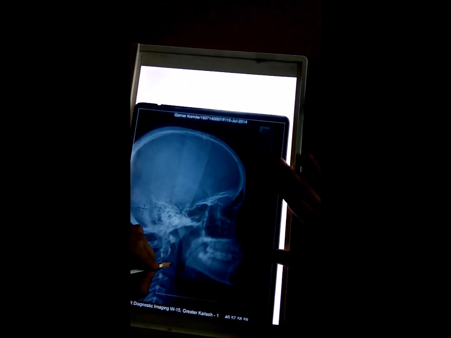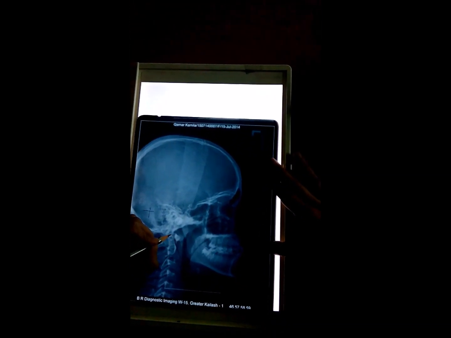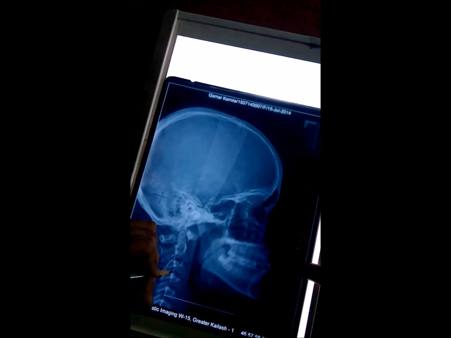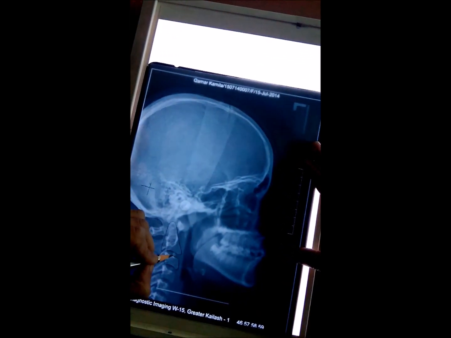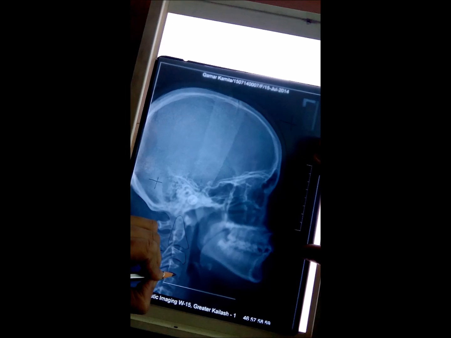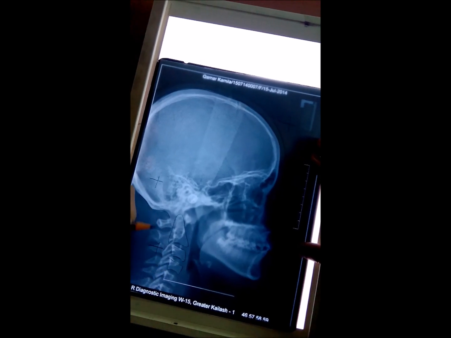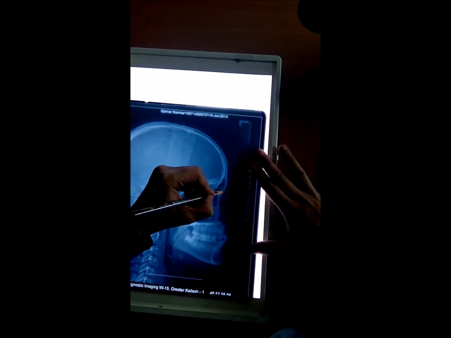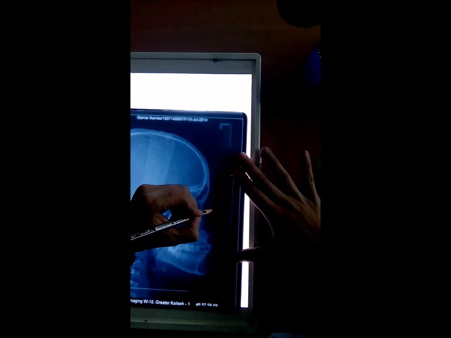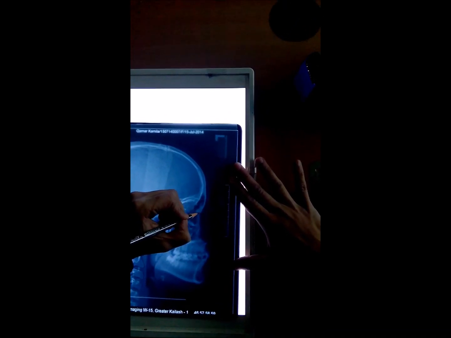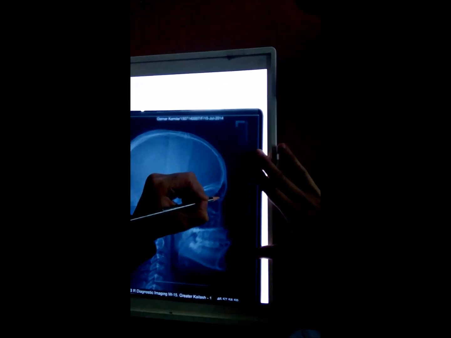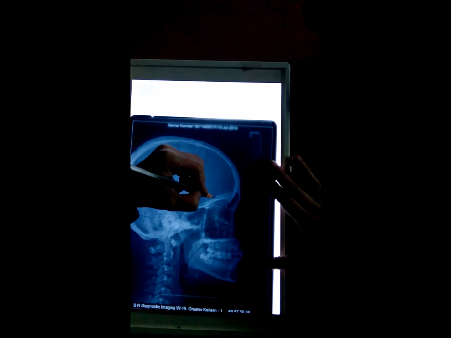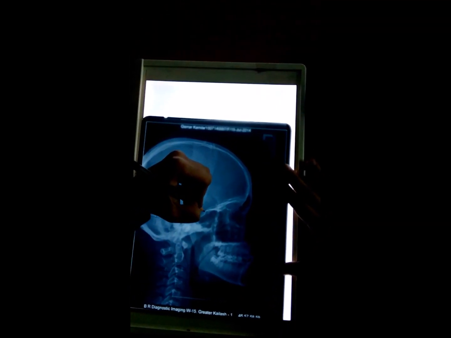Then the vertebral column, the odontoid process, and the 3rd, 4th vertebra. Then the hard tissue. The anterior middle cranial fossa.